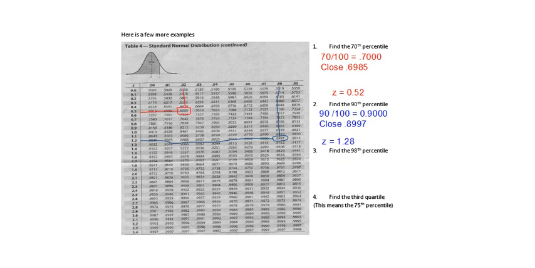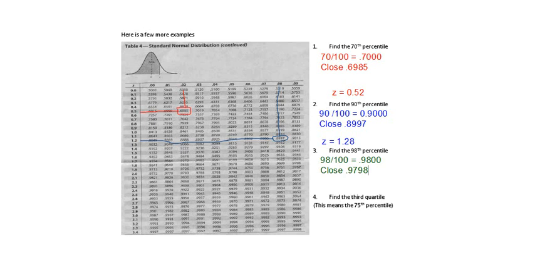Next is the 98th percentile. So, for starters, we'll do 98 divided by 100, which is equal to 0.9800. Again, you're not going to find it, but the closest is 0.9798.